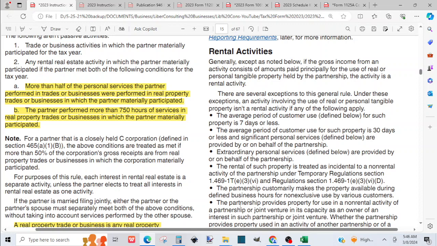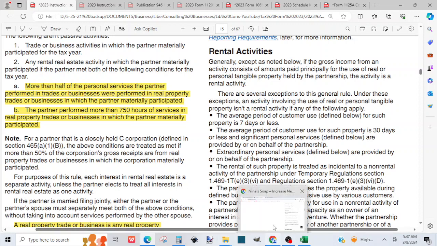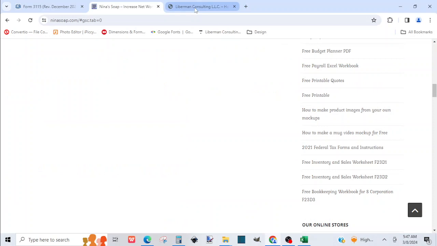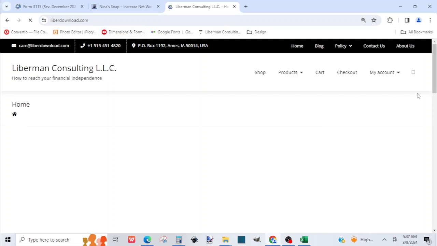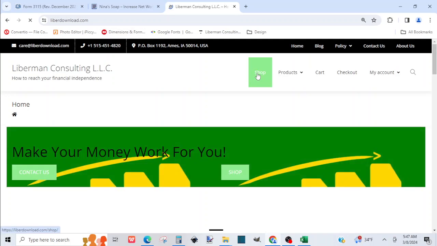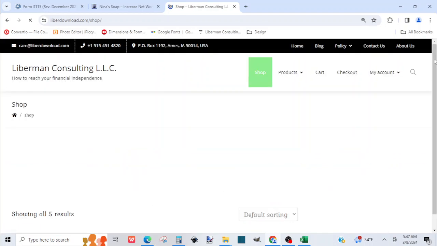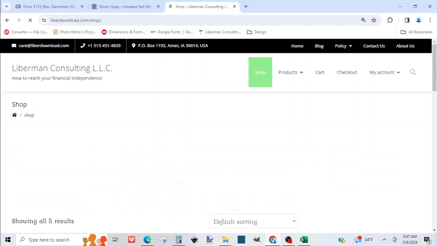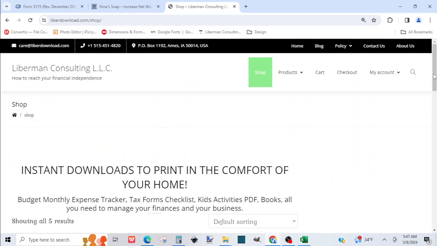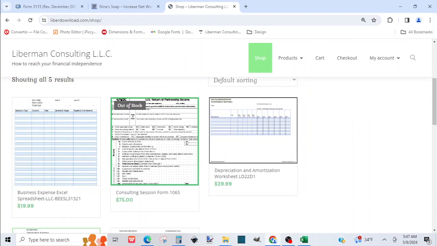Depending on your business model, you can adjust it to mirror what you are trying to track. If you don't have time to design your own, we do have a time log at Liberman Download, under shop, that you can purchase as well.